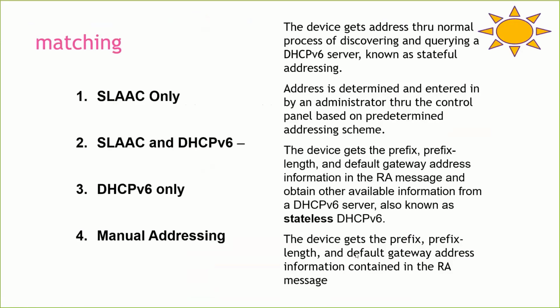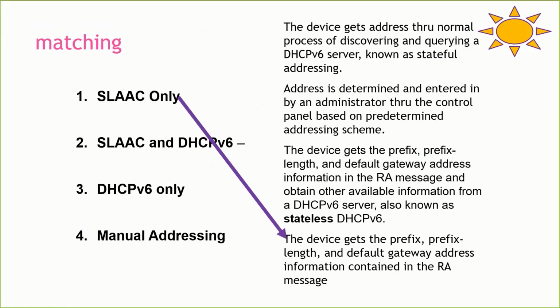All right, let's do a matching here. So who can take SLAAC only? Where does it match up over here for SLAAC only? For, let's see, the device gets the prefix length and default gateway address information contained in the RA message. Yeah, that sounds right to me. It gets everything from the RA message, right?